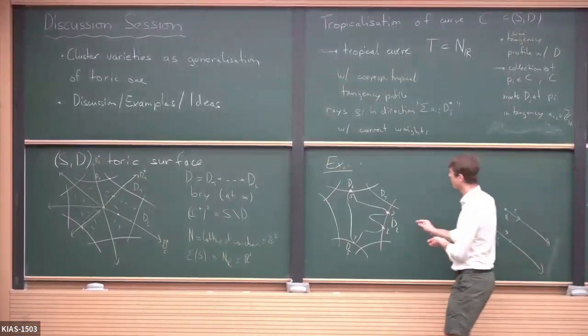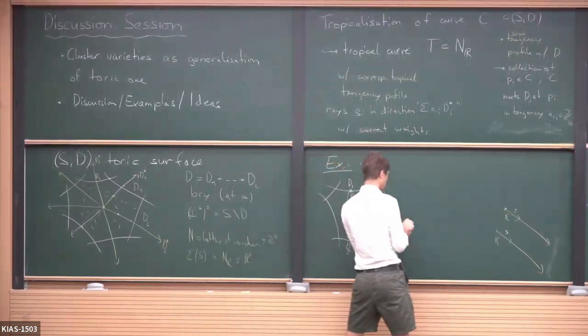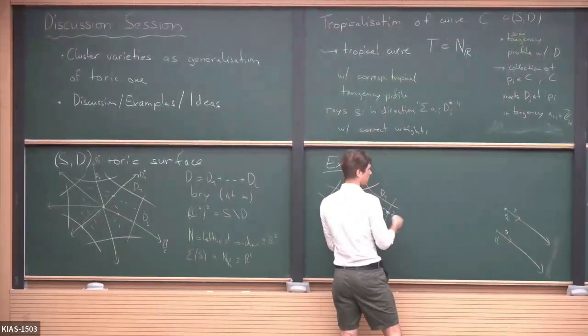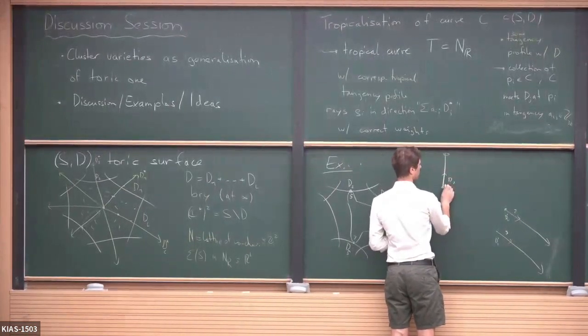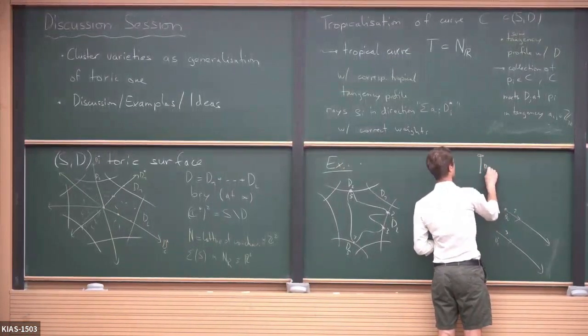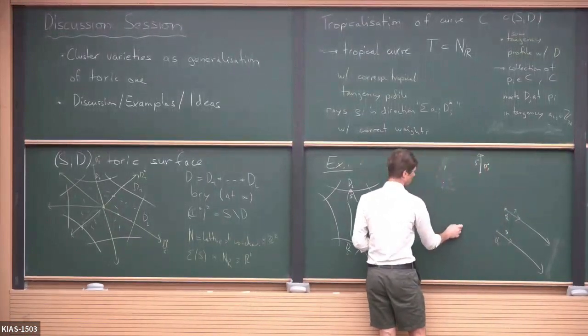Then it also has a direction D2 with weight 5. So D2 is this direction. I should put it over here. It has weight 5, and then it does have 1.